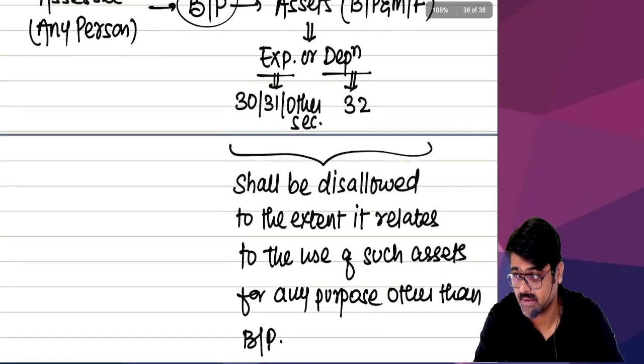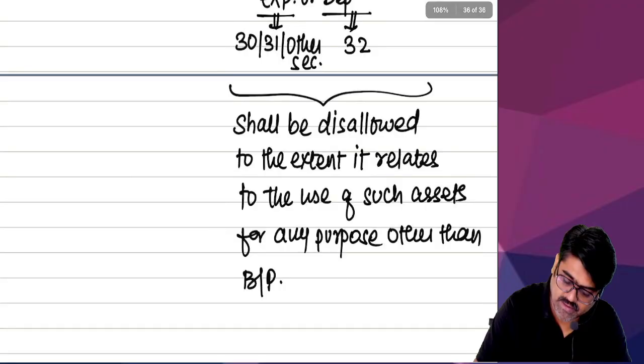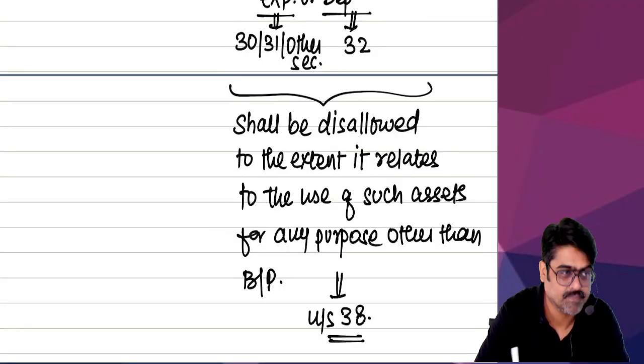Read it, read it. And this is given in section number 38.